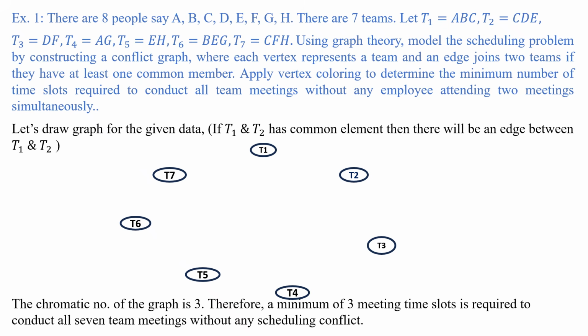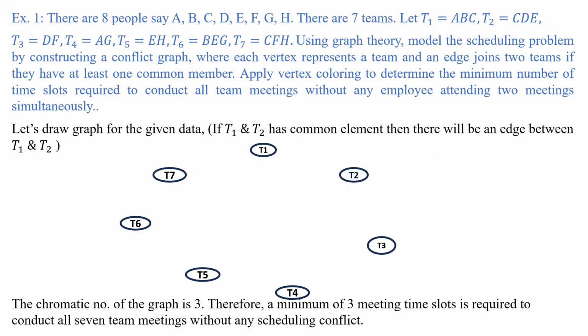Apply vertex coloring to determine the minimum number of time slots required to conduct all team meetings without any employee attending 2 meetings simultaneously. So let us draw the graph based on the given data, considering the vertices as the teams T1 to T7 and the edges being drawn when the teams have a common element. So T1, let us compare with the other teams. T1 can be compared with T7 and T6.